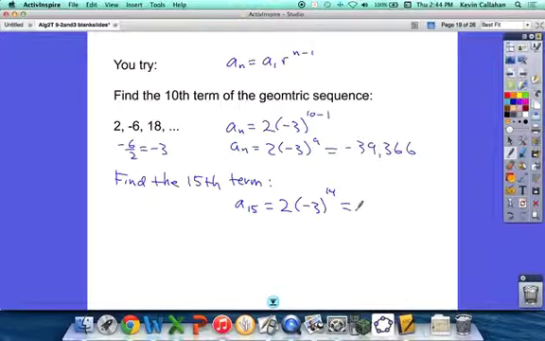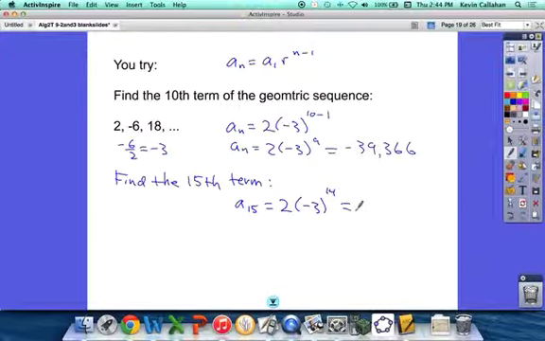When you take a negative to an even power, it's going to be positive. We didn't have the same issue before because we were finding the 10th term, which means we raised it to an odd power, 9. And when you raise a negative number to an odd power, it's negative. It wouldn't matter if it's in parentheses or not there, but you should be careful of that. If you're raising it to an even power, you need parentheses around it.